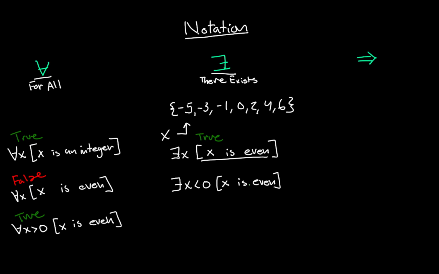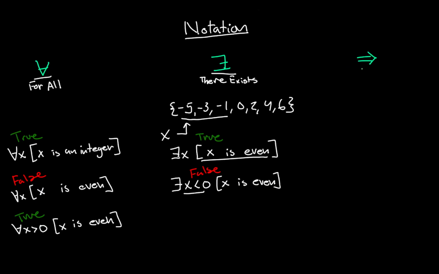This would be false, because we're only looking at the values less than 0: -1, -3, and -5. All those are odd, so there's no value of x you can pick from here that is even. So this entire statement is false. That's for all and there exists.